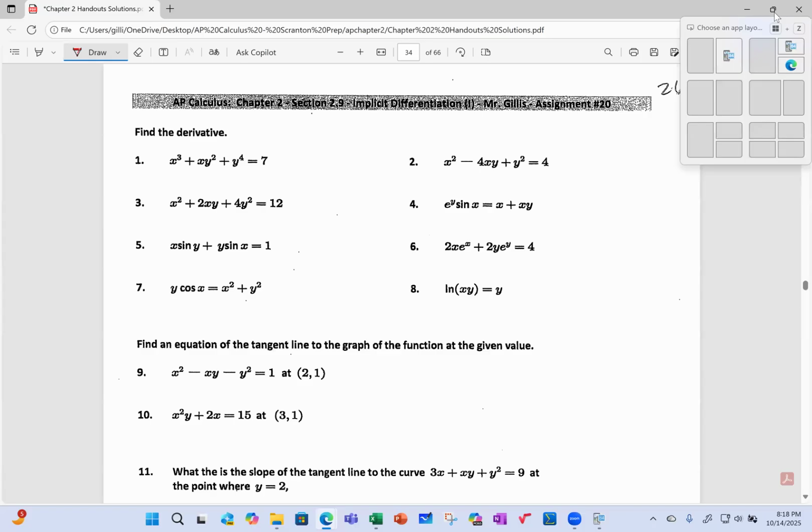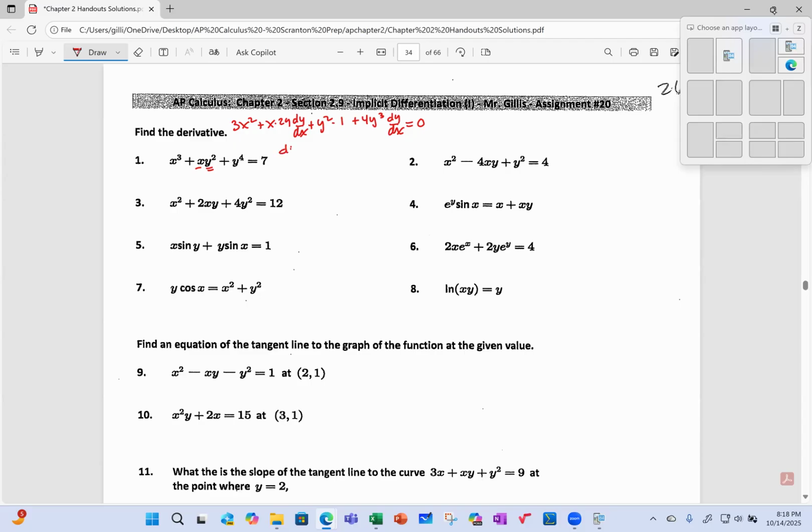So number 1, the derivative would be 3x squared and then a product rule, x times 2y dy dx plus y squared times 1 plus 4y cubed dy dx equals 0.